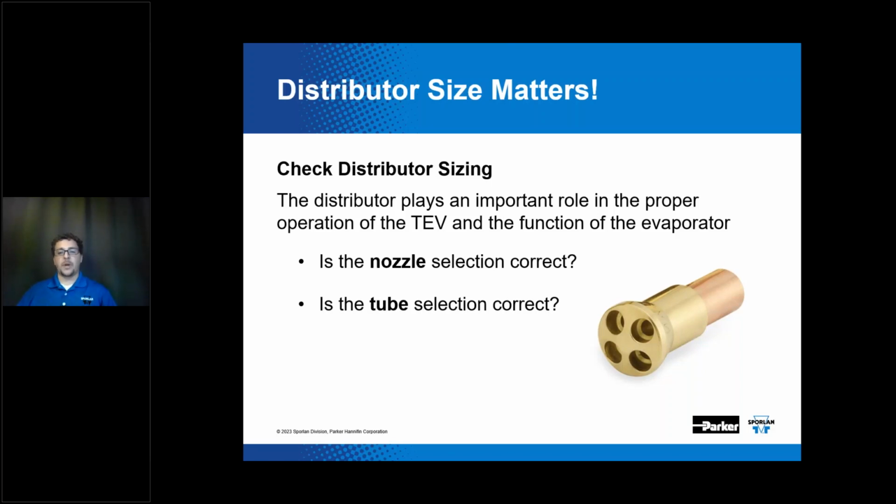For systems deploying capacity control for compressors, the distributor nozzle and tube combination should be checked for both maximum and minimum load conditions. And you also want to note the impact that liquid subcooling can have on the distributor size. I mentioned Virtual Engineer that you can check TEVs with, but you can also use Virtual Engineer to size your distributors or check a distributor that is already installed out in the field and find out if it's appropriately sized.